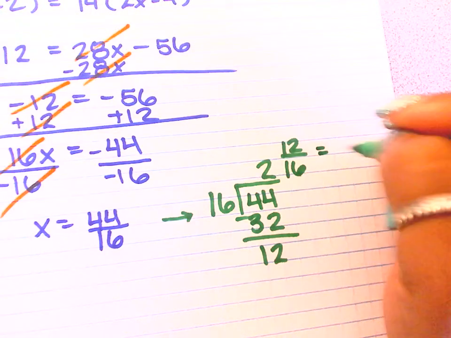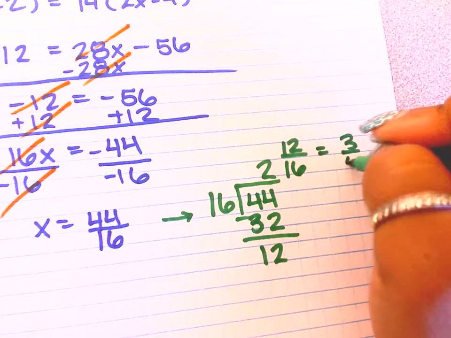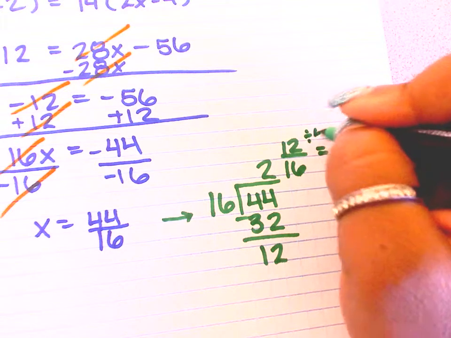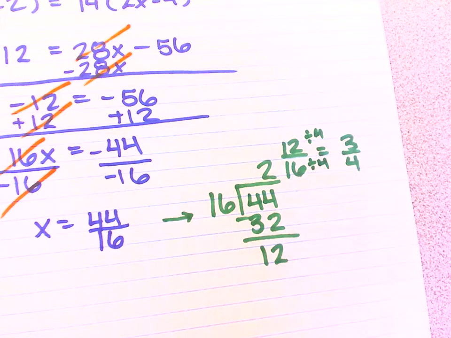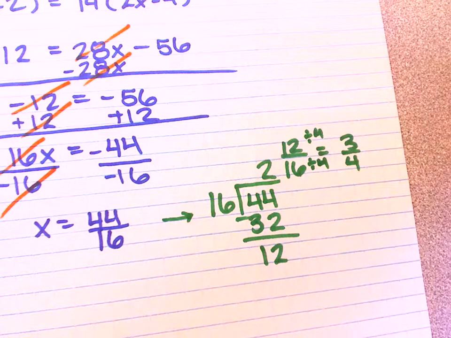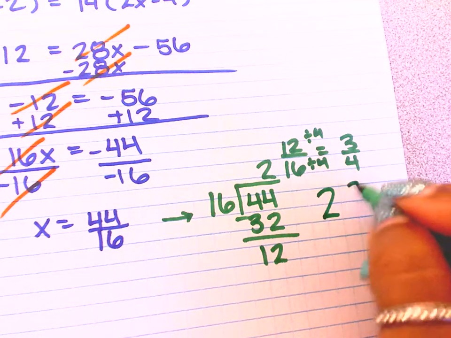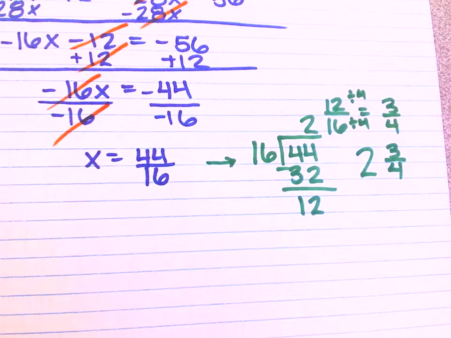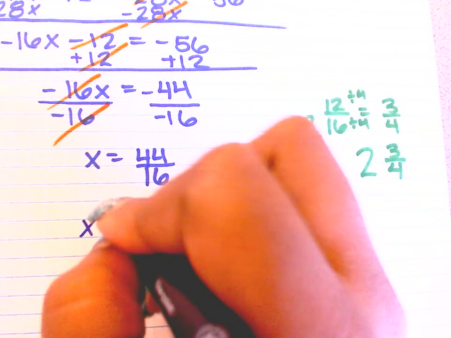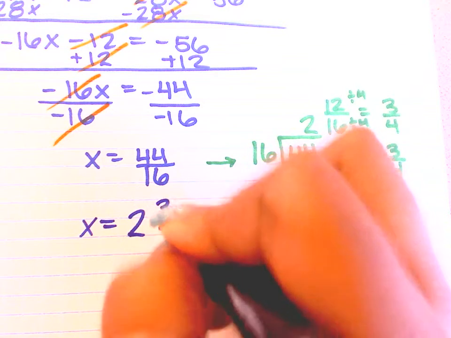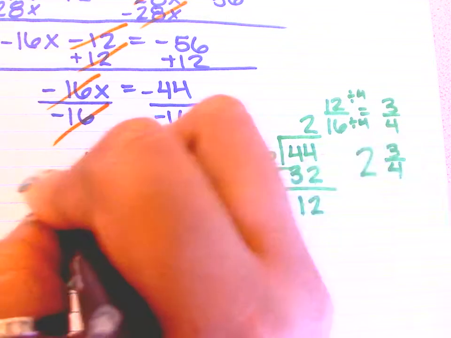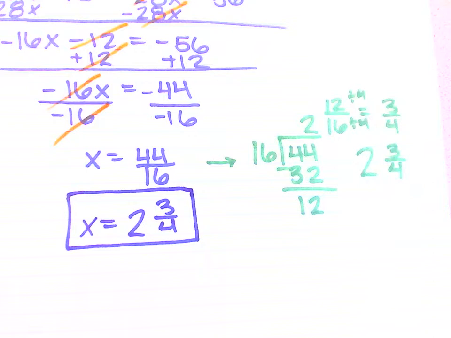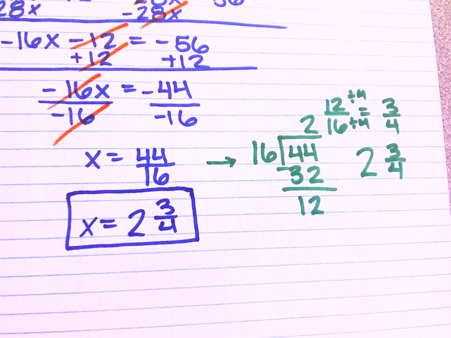But I need to simplify, and that simplifies to 3/4, because if I divide both top and bottom by 4, that's what I'll get. So my answer should be 2 3/4. So back over here, x equals 2 3/4. Box my answer. So if they ask you to put in improper fraction, you know how to do that.